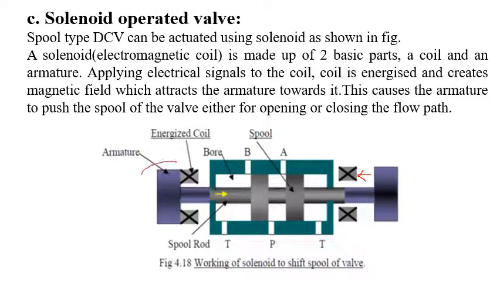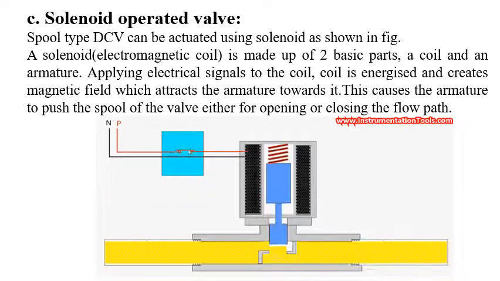Because of this movement, the spool moves either rightward or leftward. In this way the valve opening and closing happens, and the ports are connected and disconnected, and it is a solenoid operated valve. Look at the animation.